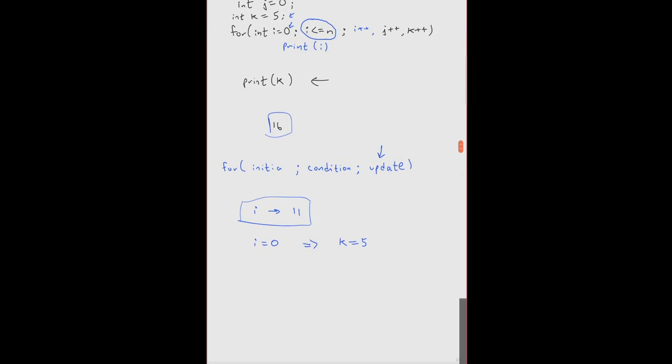Now let's go a little more complex. For I less than 5, I plus plus, print I. This is simple, but still, what will be the output of this?